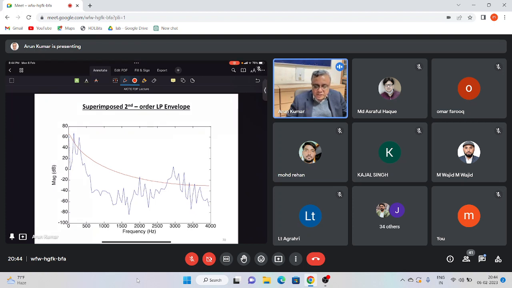So here we have superimposed a second order filter, which is to say 1 over 1 minus A1 Z inverse minus A2 Z to the power minus 2.